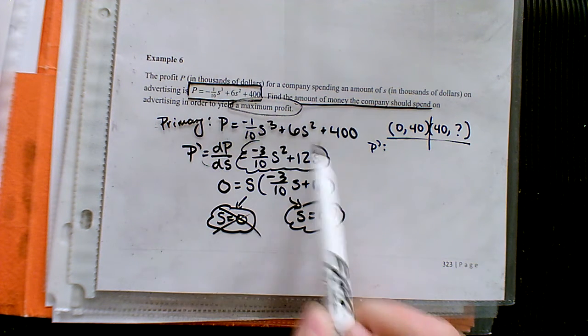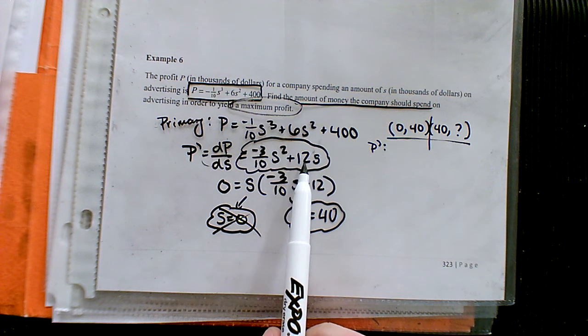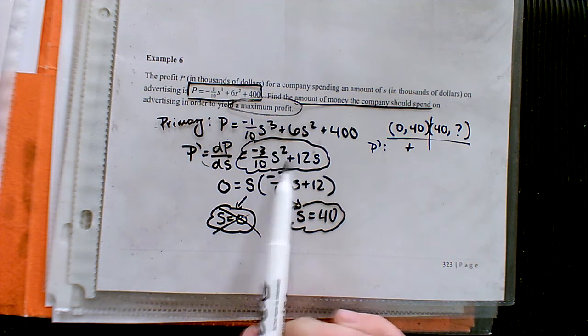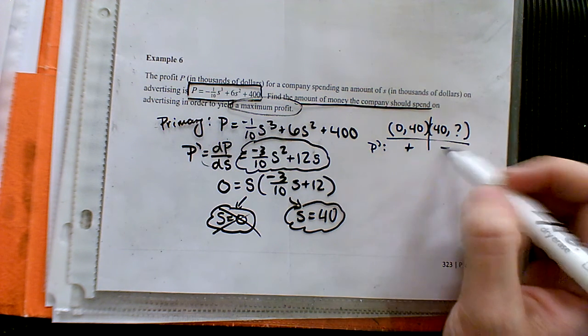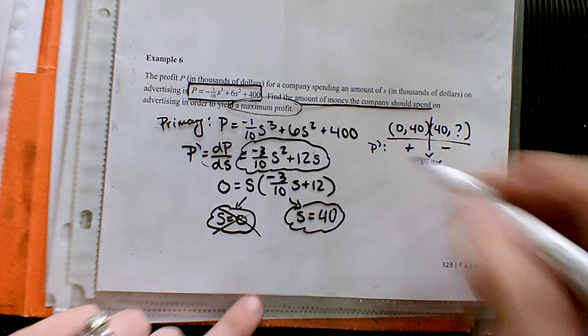Plug it into your derivative. We'll have -3/10 plus 12. That's positive. What are we feeling bigger than 40? 41. Plug it in. You may need a calculator or reasoning through it. Probably negative. All right. So we confirmed a max.